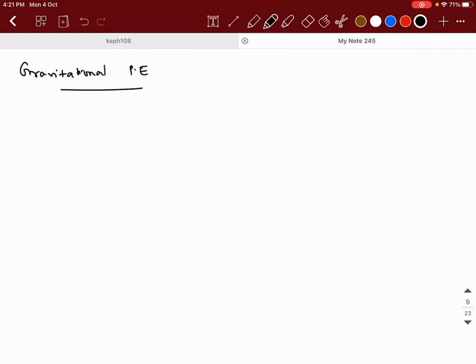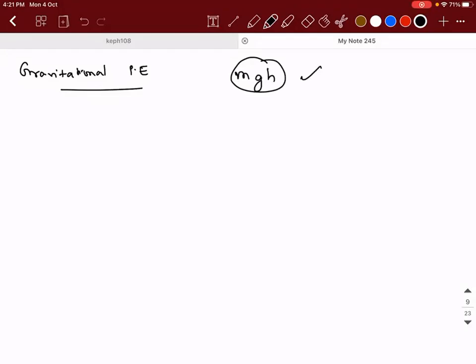Gravitational potential energy. Yes or no? What is the value of it? MGH. It is MGH, right? Is it applicable all the times?